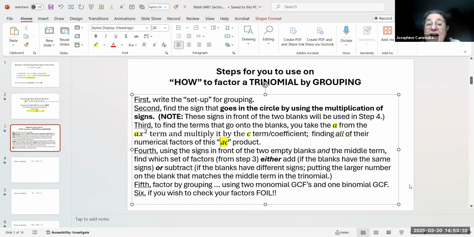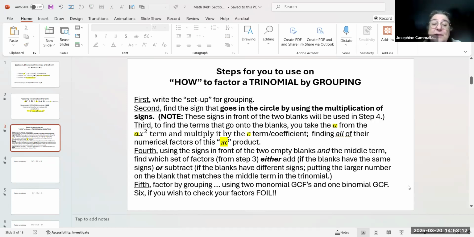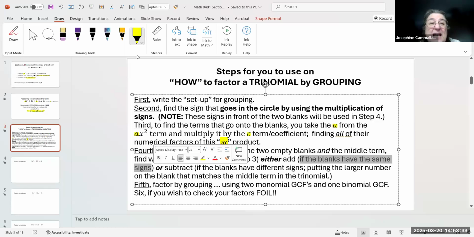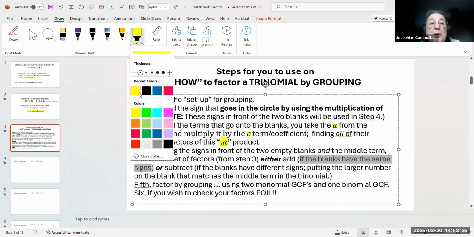Then we're going to find all of the factors that make the A and the C. Now remember, if the signs are the same, we are adding. If the blanks have the same sign, we're going to add.